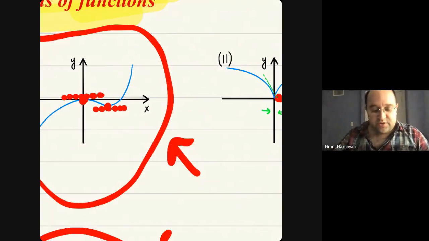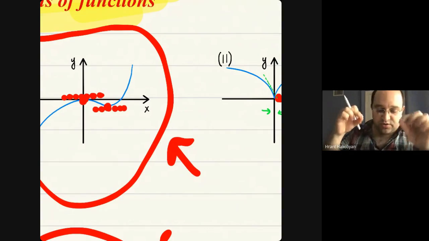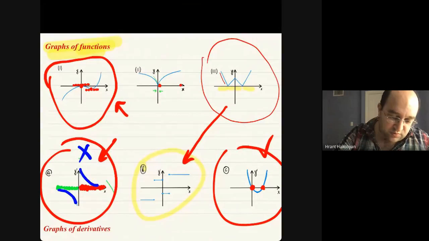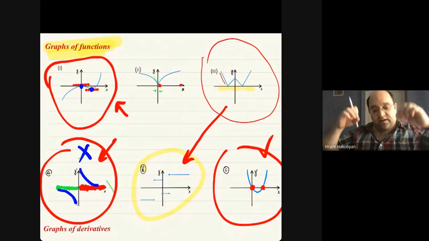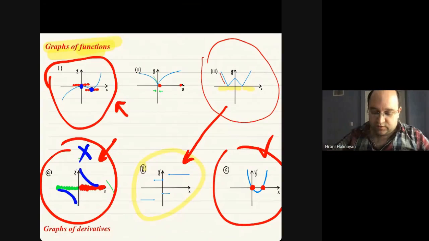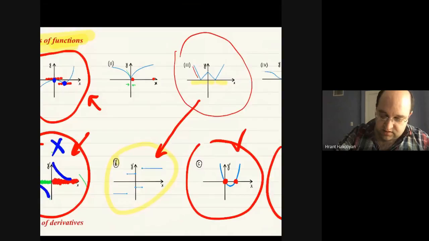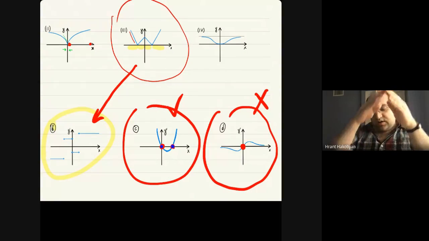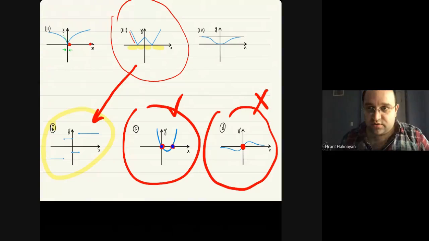In the other picture, that means the graph of the derivative goes through the x-axis. So at the corresponding points, meaning at this point here and this point here, the graph of the derivative would have to pass through the x-axis. So that gives you these 2 points through which the function goes through the x-axis.